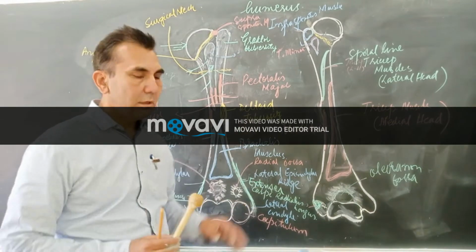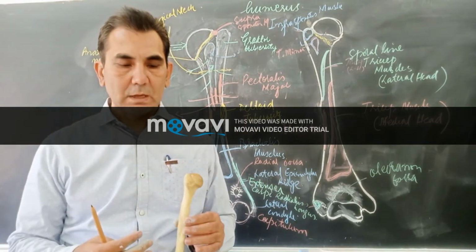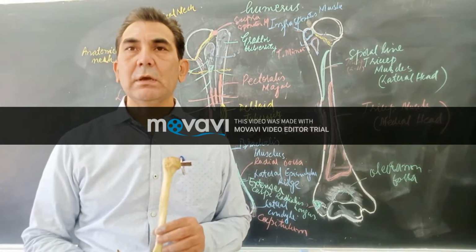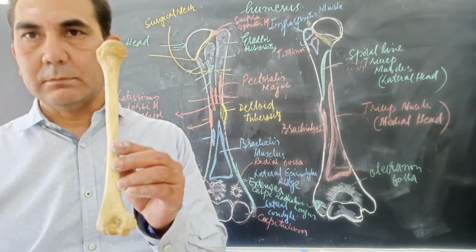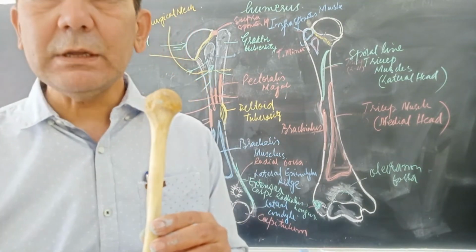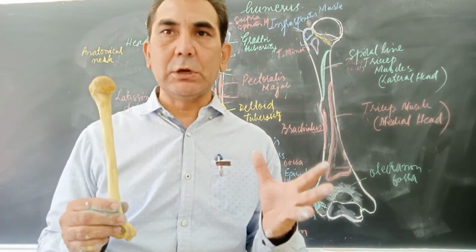Now we'll show you the features of the humerus bone on the original bones. Now see, this is the humerus bone, a type of long bone.